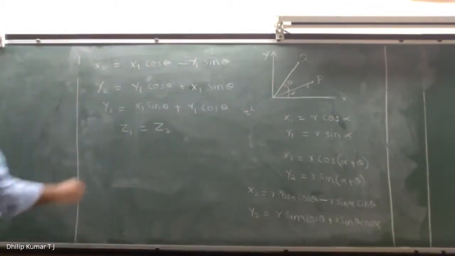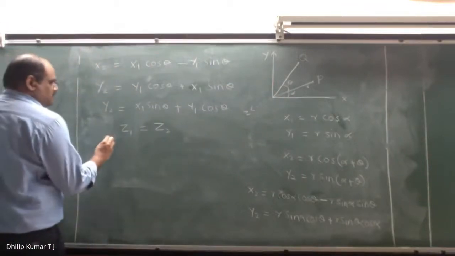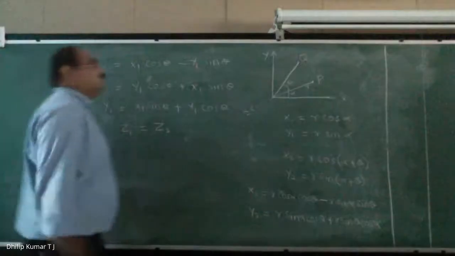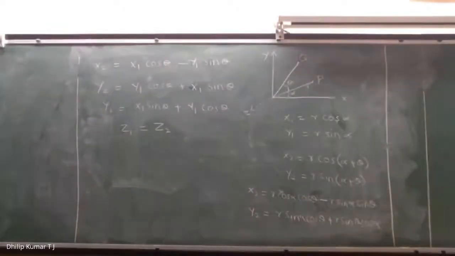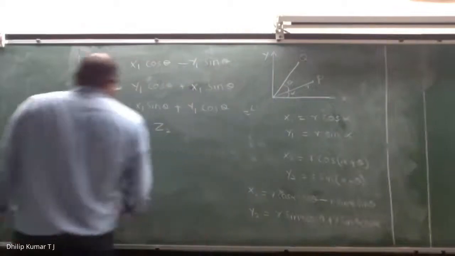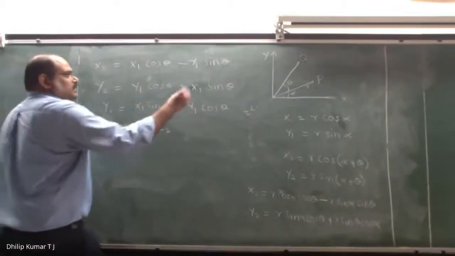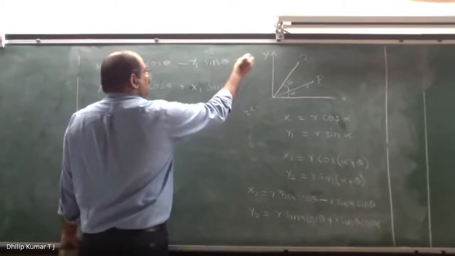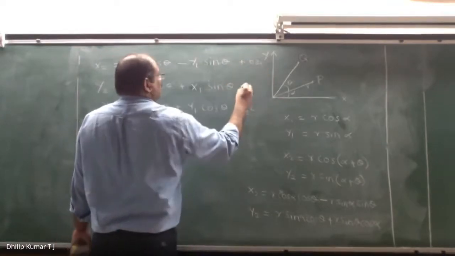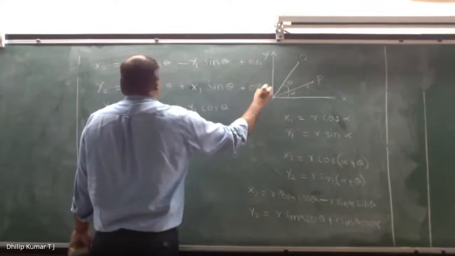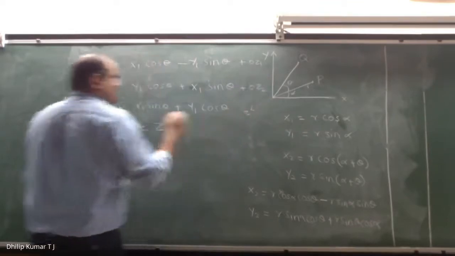So z1 will become z2. So basically you have to add it up with z. So this is 0 times z1, 0 times z2, like that.